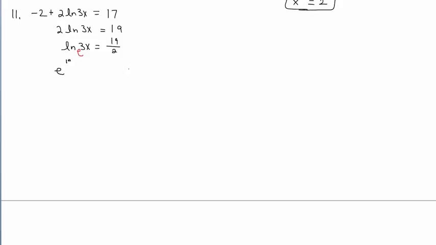I'm going to divide both sides by 3 to isolate x. I'll trade sides.